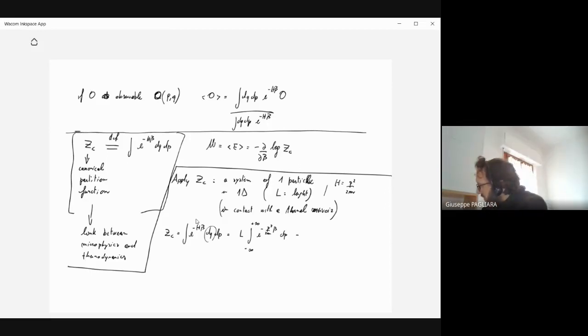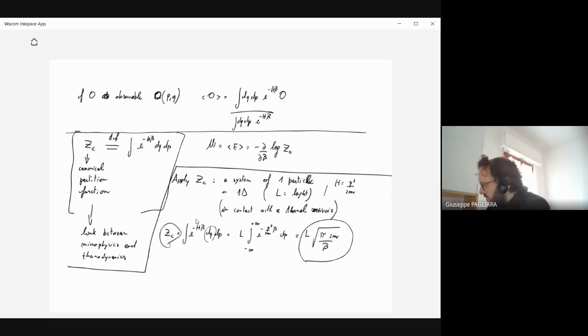So you see that in this case the partition function is L times a Gaussian integral, which gives the square root of pi times 2m divided by beta. So this is the partition function. Now let me compute, for instance, the average energy of the particle.